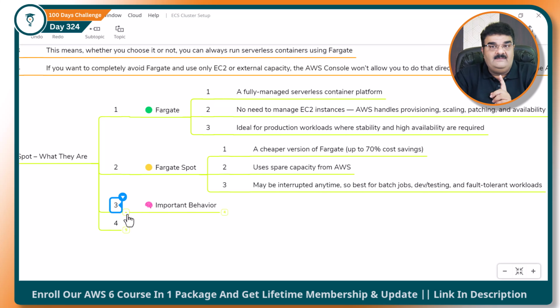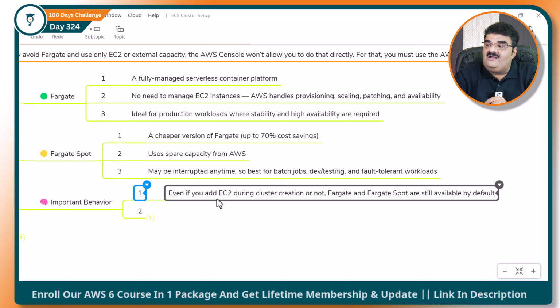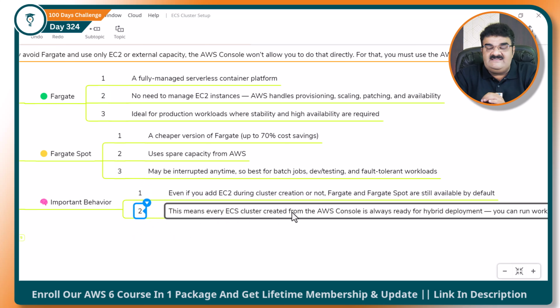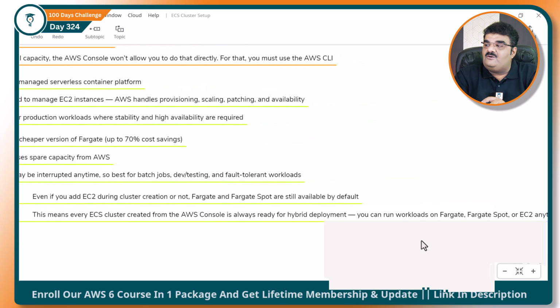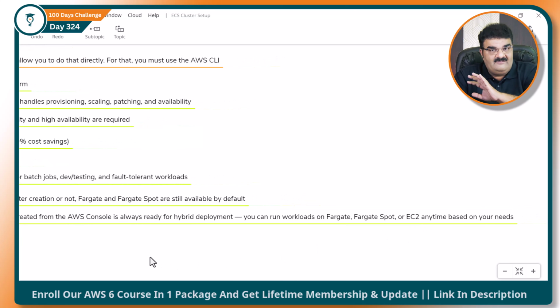Now, important behavior. Even if you add EC2 during cluster creation or not, Fargate and Fargate Spot are still available by default. This means every ECS cluster created from the AWS console is always ready for hybrid deployment. You can run the workload on Fargate, Fargate Spot or EC2 anytime based on your need, even if you haven't selected Fargate.